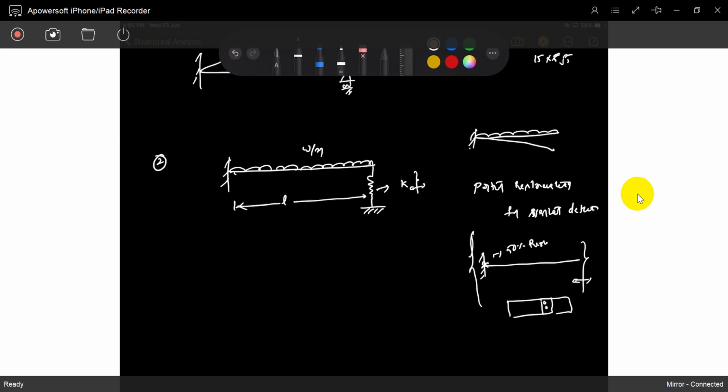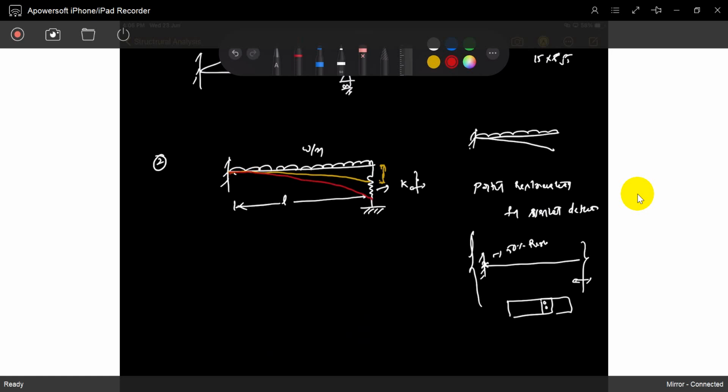See, how can it deflect? If it is free, it will deflect like this. But if there is a support, and it is a spring support, the spring exerts some force.